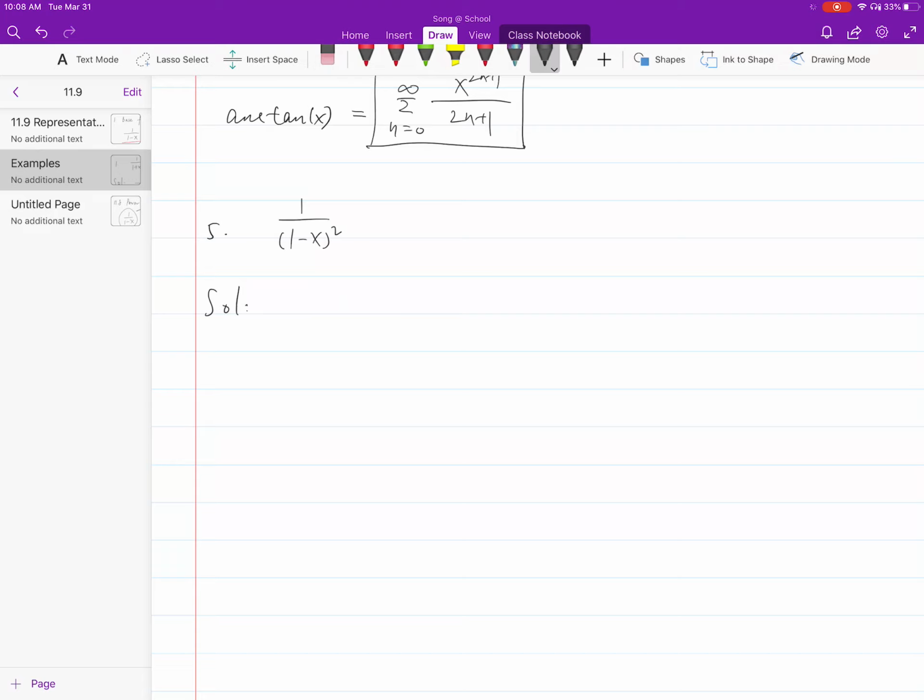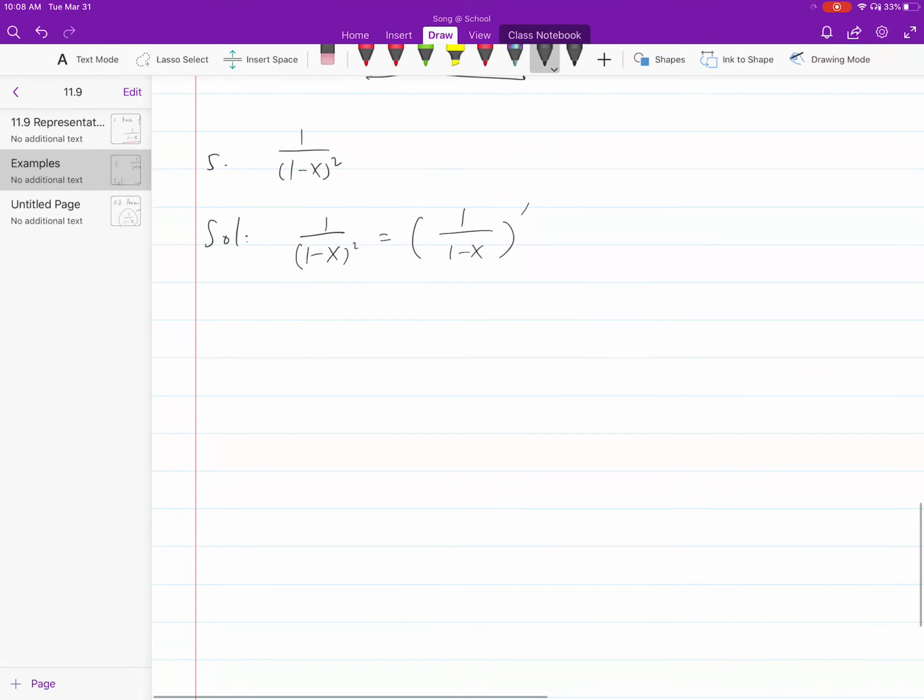But then we realize we can take the antiderivative, or we can take the derivative, do the power series, and transfer back. It will take you a while, but eventually you realize this one is nothing but the derivative of this one. That means if we find the power series of this one, and then we take the derivative, we will have the power series of this one.